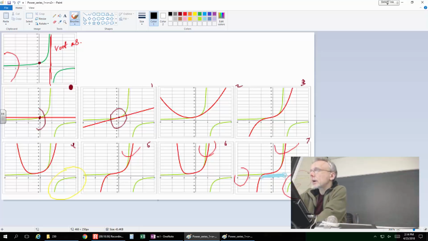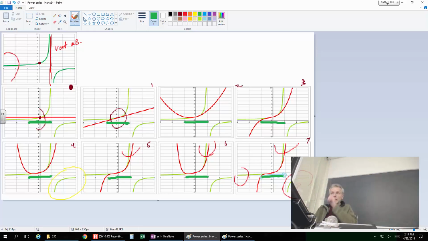This is my interval. Do you see what's happening at the edges, at the endpoints of this interval? What's happening to our polynomials, the red ones, at 1 and negative 1?